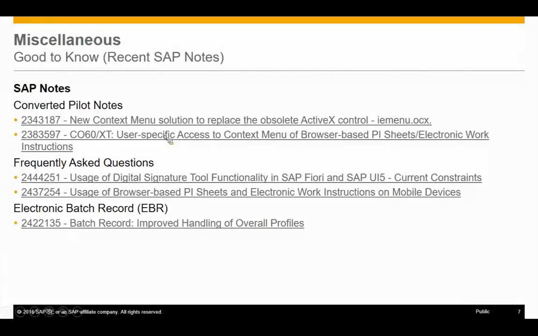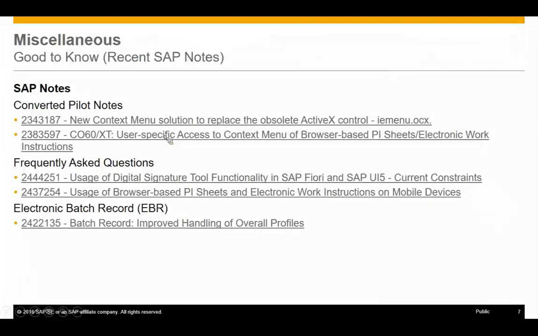And one last note. There's a possibility to define an overall profile for electronic batch records. The old solution, which I developed more than 10 years ago, had some disadvantages: you have to switch off the foreign key check in one of our SAP standard screens, which is not that nice.